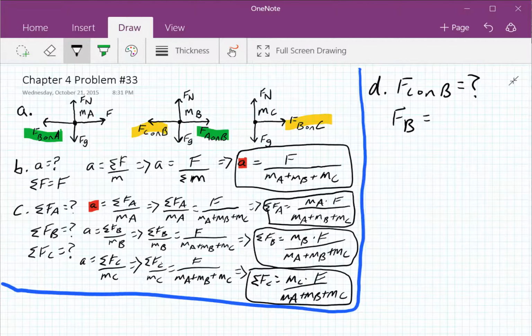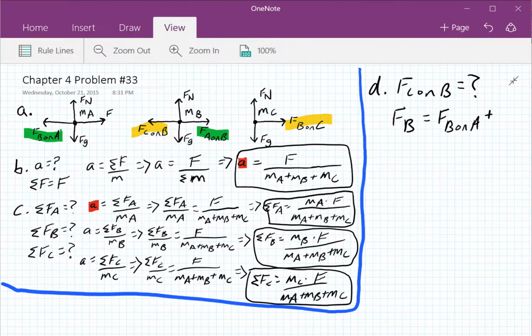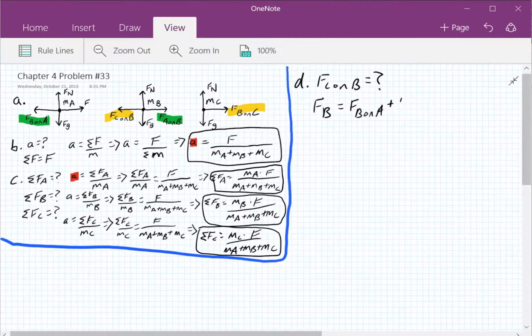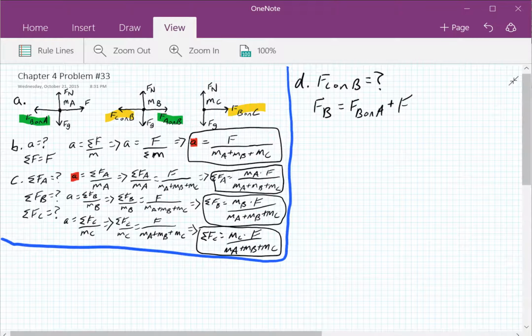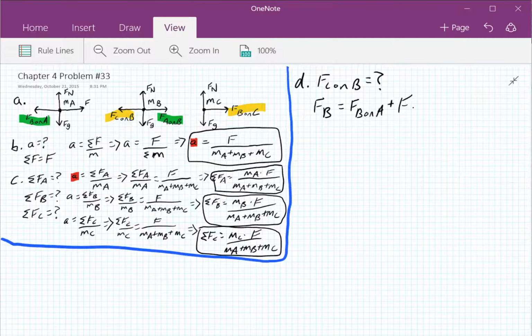That's going to equal Fb on A plus Fb on C. We don't know what that equals.